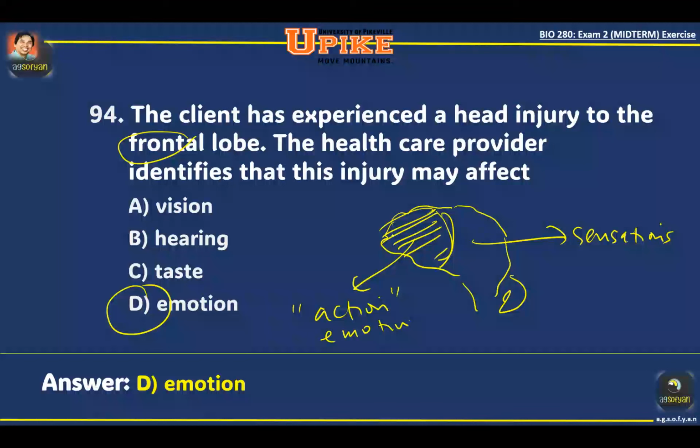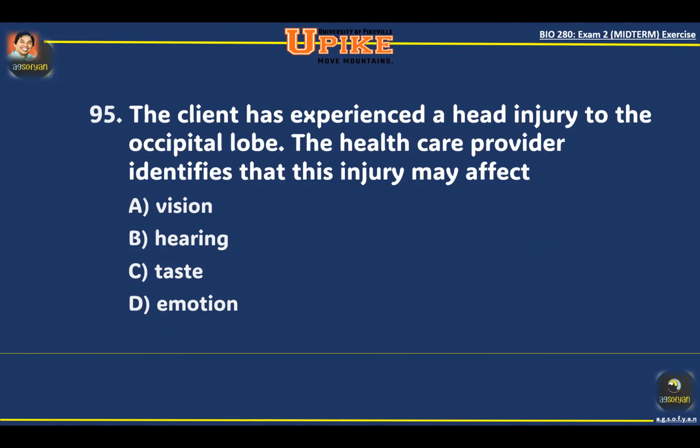So this is frontal, this is the back, maybe occipital. The client has experienced a head injury to the occipital bone. So again, if this is frontal, this is the brain like this.